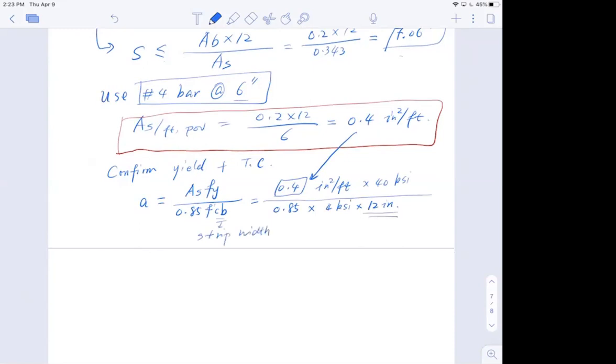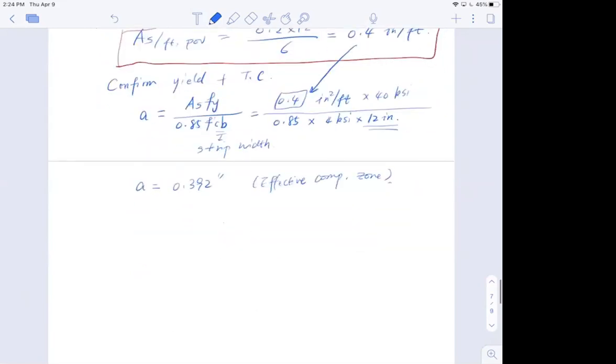So with this, I got my a equal to 0.392 inches. That is my effective compressive zone. To get my actual compressive zone c, small c, I need to use a divided by beta 1, and I got 0.46 inches.